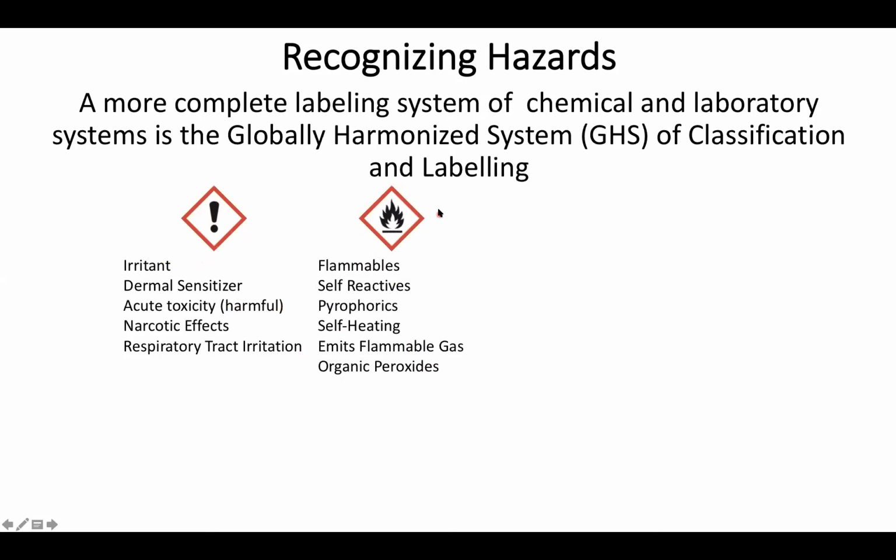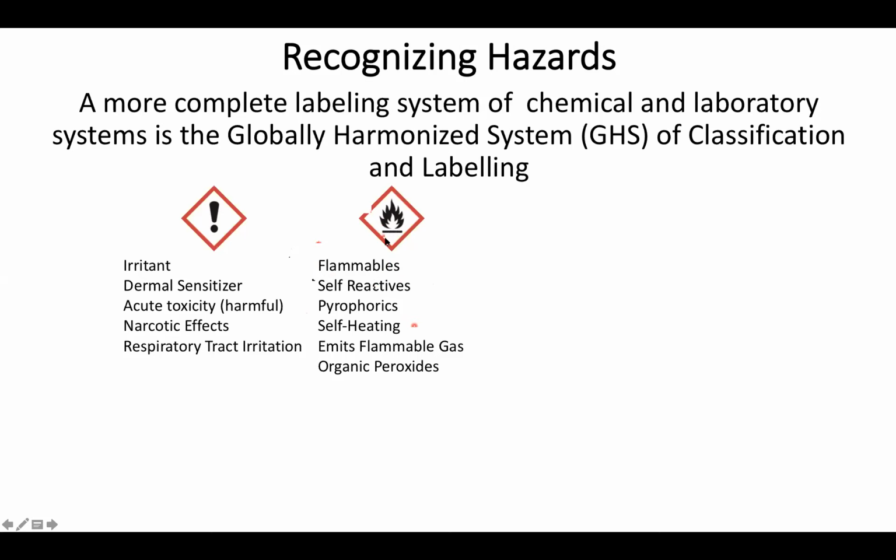This stands in contrast to our good old sign for flammables, but it is worth noting that it can also include things like self-reactives, pyrophorics, self-heating, flammable gases, and organic peroxides. So just because you see the symbol, don't assume that you only have to worry about flammable organic solvents. There may be a lot worse in there.